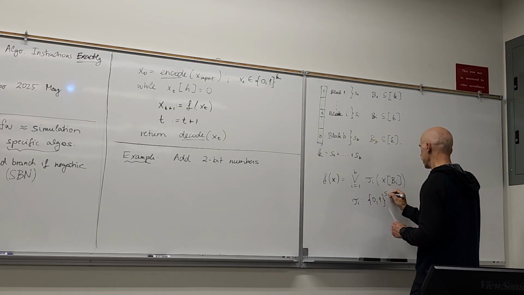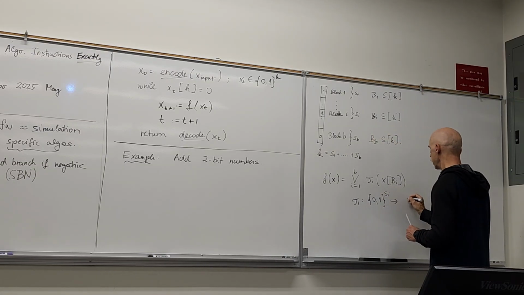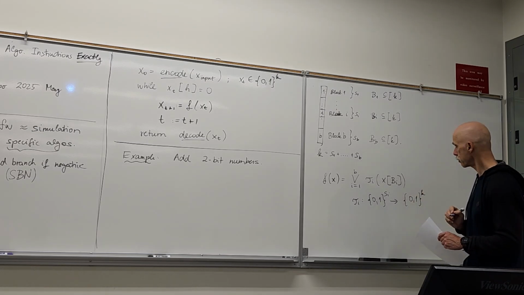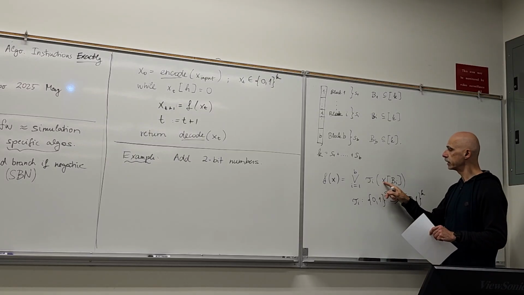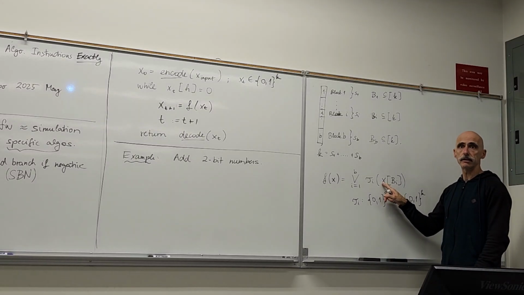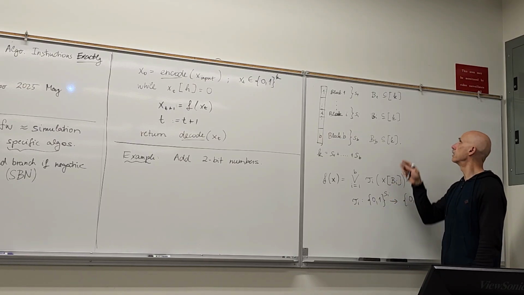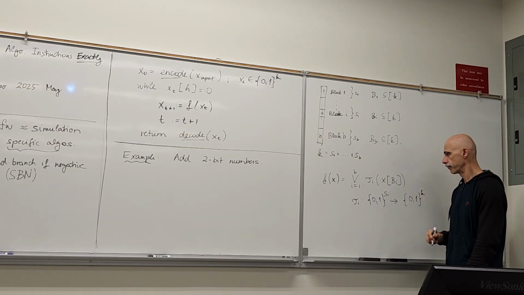The i-th function acts on S_i bits and returns K bits. This notation means that we are taking those bits which are in B_i, and these B_i are just these intervals.